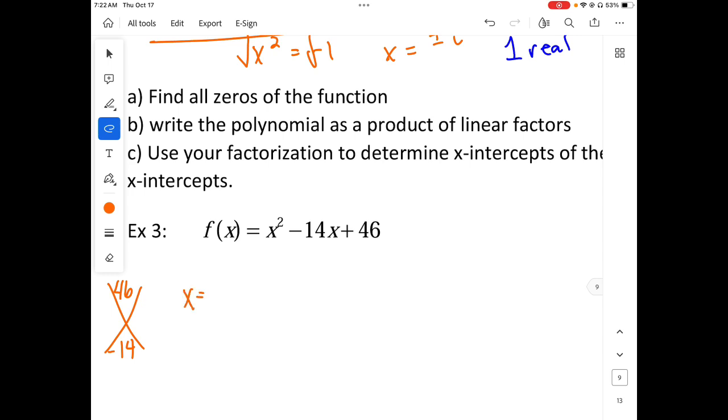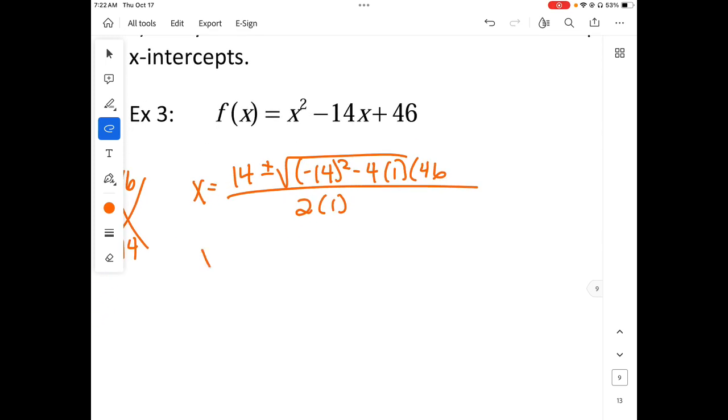x equals -b plus or minus square root of b squared minus 4ac, all over 2a. Okay, so we can put what's in the radical in the calculator.